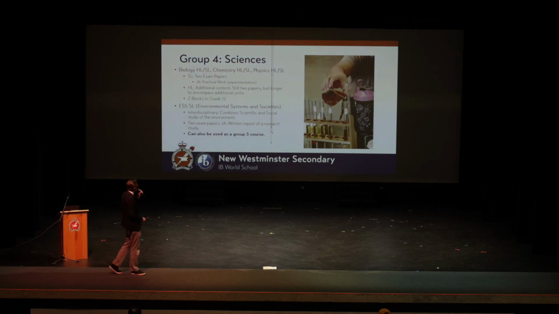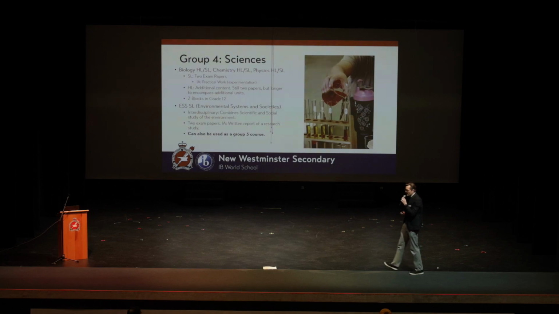What the environmental systems class focuses on is, in order to make it interdisciplinary like that, you have this focus on the environment from a scientific side of things, so it looks at how the atmosphere works and how water and geological processes work that affect the environment.